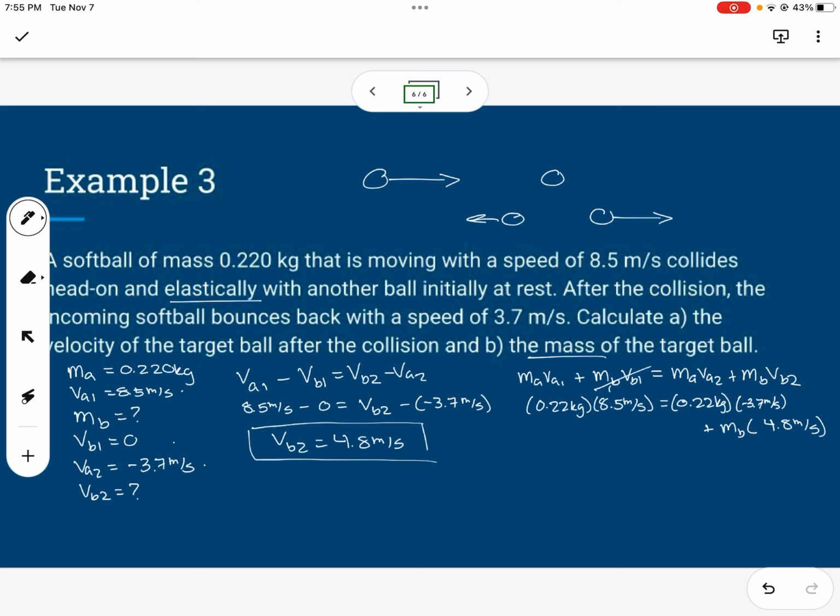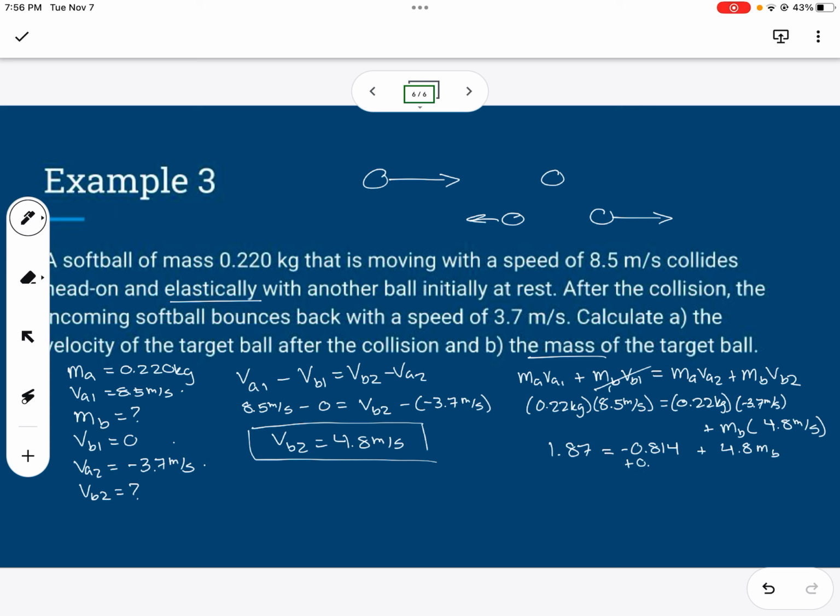All right, let's clean it up a little bit. 0.22 times 8.5, plug that into your calculators. I got something around 1.87. Your units, remember, momentum is going to be kilogram meters per second. We can just drop those until the very end. 1.87, and then over here, 0.22 times negative 3.7 is going to give me negative 0.814 plus 4.8 times that mass that I'm trying to find.